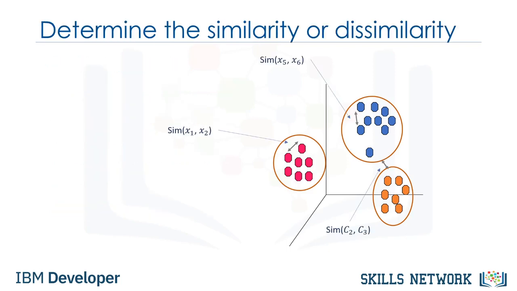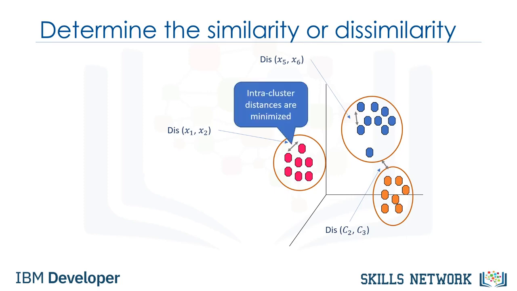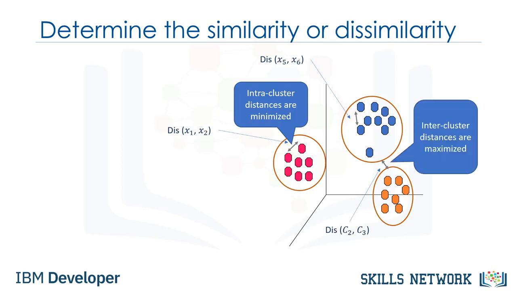Though the objective of k-means is to form clusters in such a way that similar samples go into a cluster and dissimilar samples fall into different clusters, it can be shown that instead of a similarity metric, we can use dissimilarity metrics. In other words, conventionally, the distance of samples from each other is used to shape the clusters. So, we can say k-means tries to minimize the intra-cluster distances and maximize the inter-cluster distances.